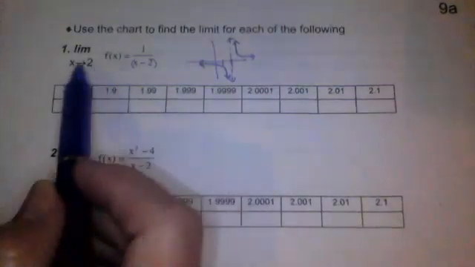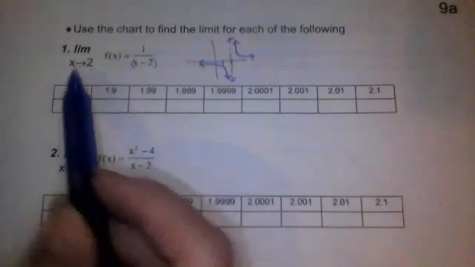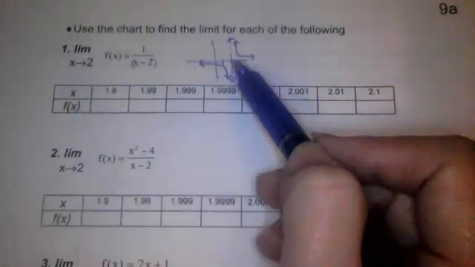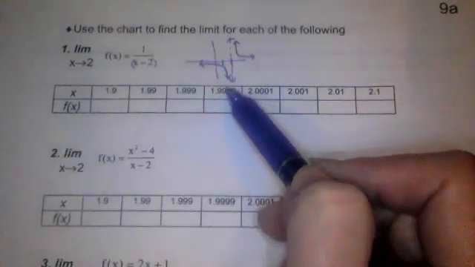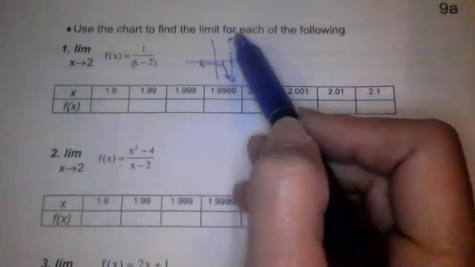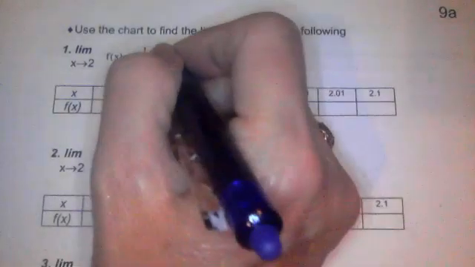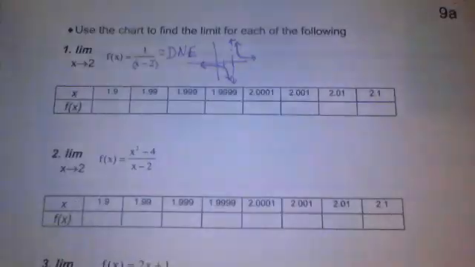So this is asking me about the limit as x approaches 2. Well, as x approaches 2, coming from the left it goes down towards -infinity, coming from the right it goes towards +infinity, so probably this limit does not exist. Those are not approaching the same thing.